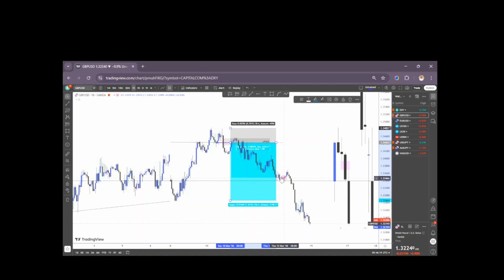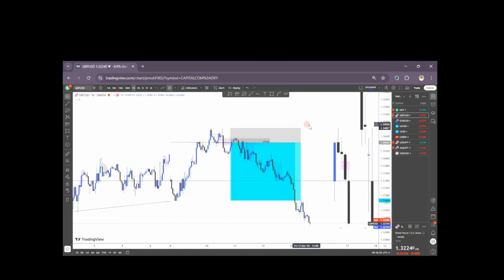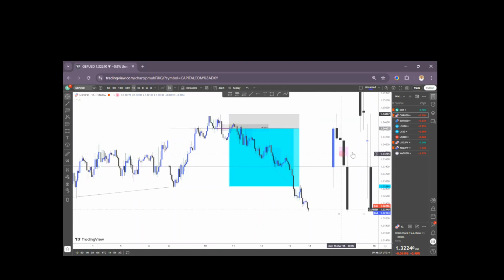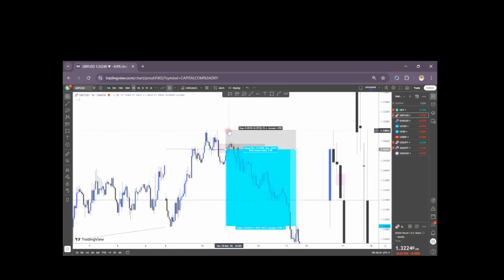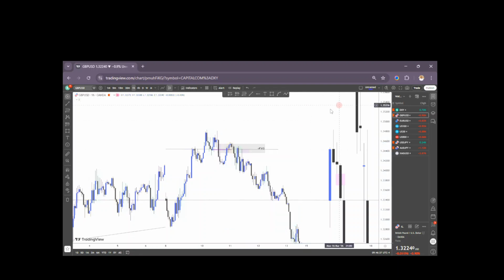This would be my first target, and you see that was accomplished. This is a trade that I took, but I got stopped out. I think I had placed a very tight stop loss, but this would have been a very good trade.